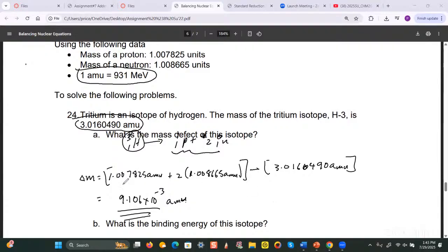So basically what I'm going to do is convert from AMU to mega electron volts. 9.106 times 10 to the minus 3 AMU, I'm going to multiply that by 1 AMU down here and 931 mega electron volts. And let's see what that gives.